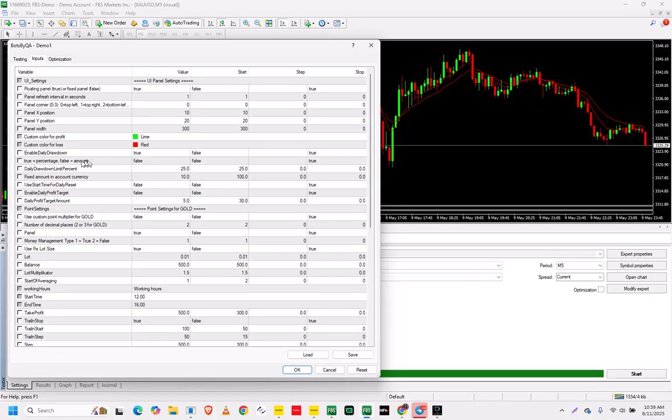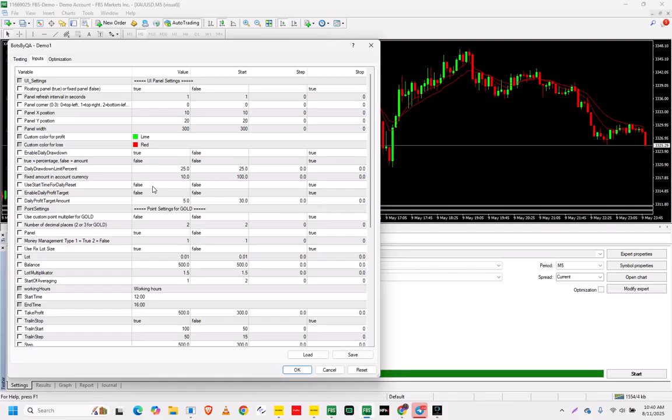So I changed this through percentage or amount. I used the amount, I did not use the percentage. Since it's $100, I could set it to 10, but I want it to be $10 on a $100 account. So I set 10 to be the dollar amount.